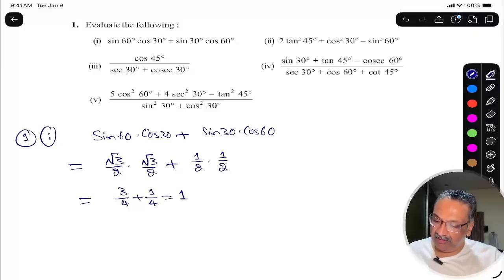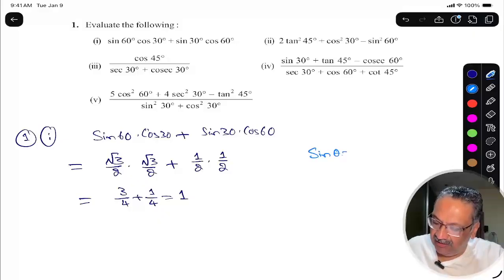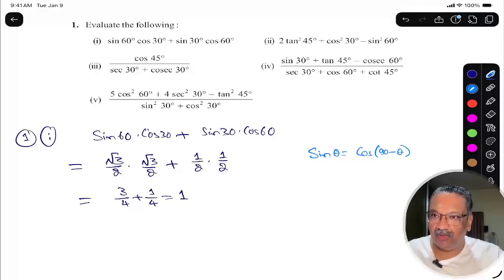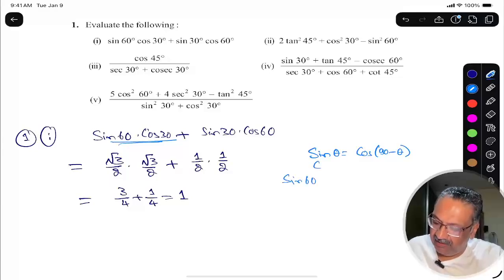Okay, there is another method of solving this. See, you remember one more formula: sin theta is equal to cos of 90 minus theta. Based on that, sin 60 you keep as it is, and similarly cos theta is equal to sin of 90 minus theta.